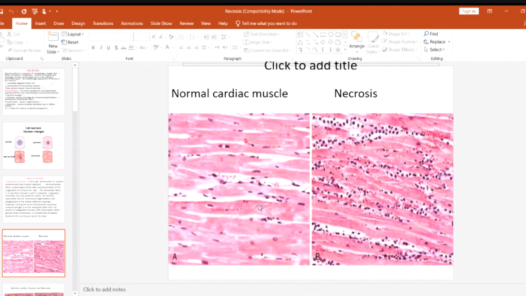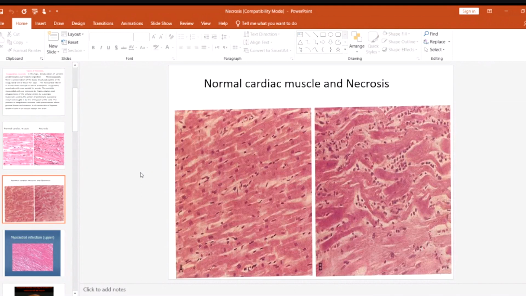Here you can see, for example, a myocardial cell, but you don't see the nucleus and there is no cytoplasmic striation. These black dots are inflammatory cells, white blood cells. So in coagulative necrosis, we see an outline, but no cellular details.